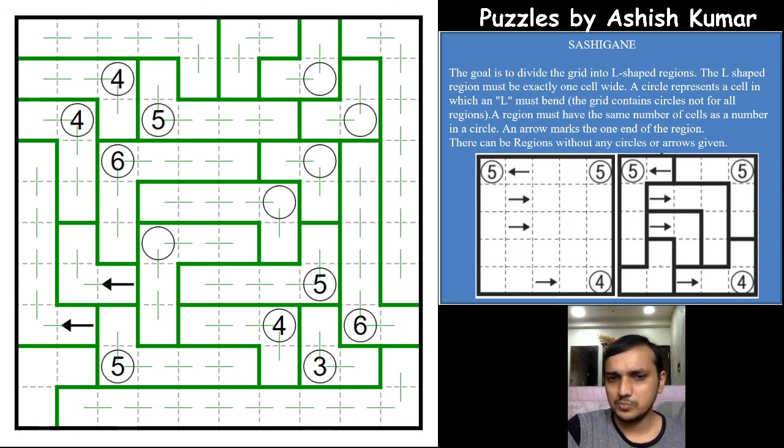This is one of the most important tricks. If you ever have this, one of the cells will be part of the other region, and the other 3 cells will form an L. Just extend the empty cells, because we know that all the cells are part of a region. So let us extend the cells and see where it forms an L, which will help you to solve the puzzle easily. I hope you enjoyed the video.